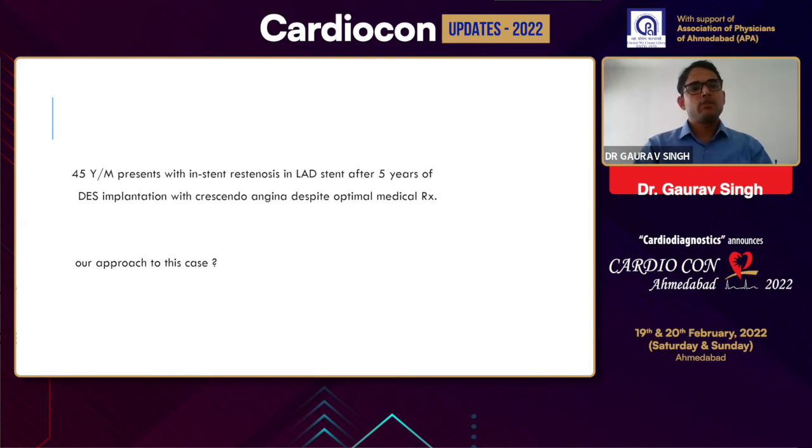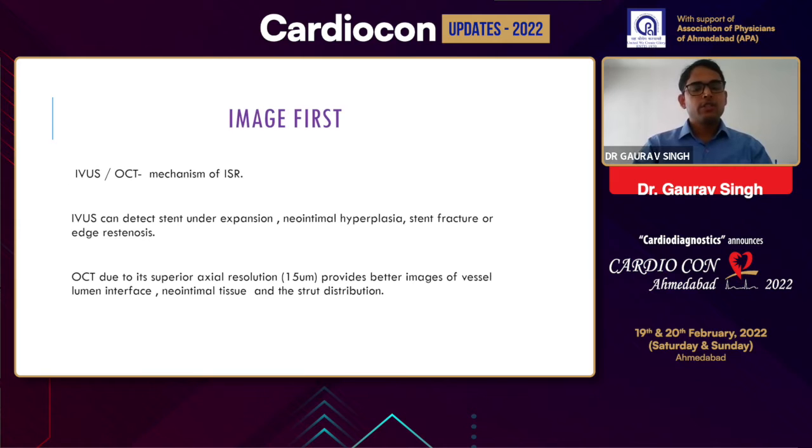So as you see, the 45-year-old male had undergone angioplasty 5 years back with a drug-eluting stent. The first step would be to image first, either with the help of IVUS or OCT, to identify the cause of ISR, the mechanism of ISR. That is of great importance in the management of this case. So image first.